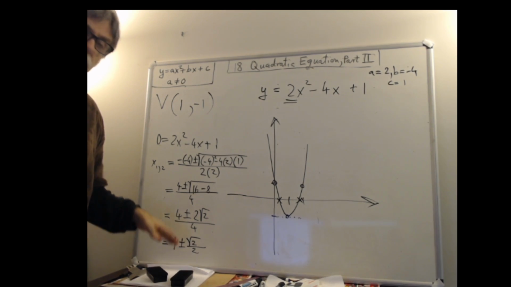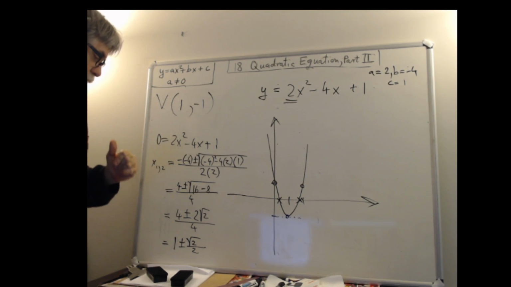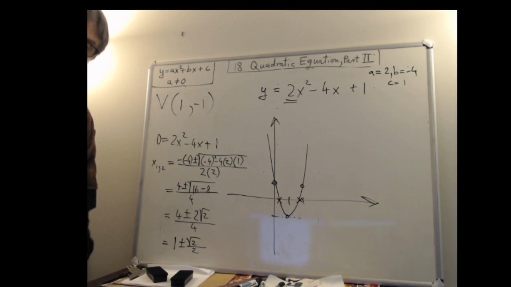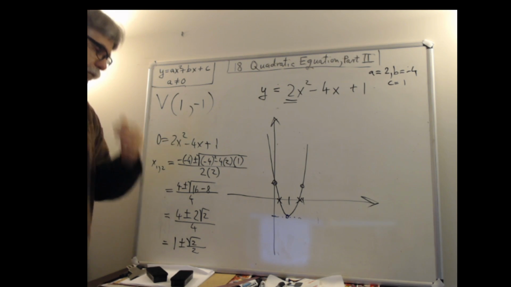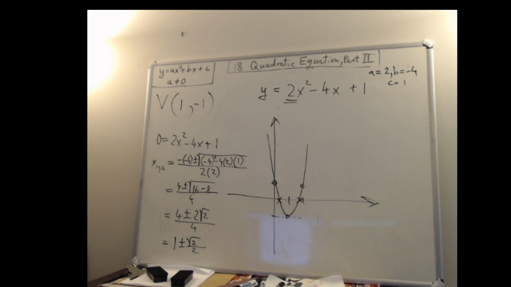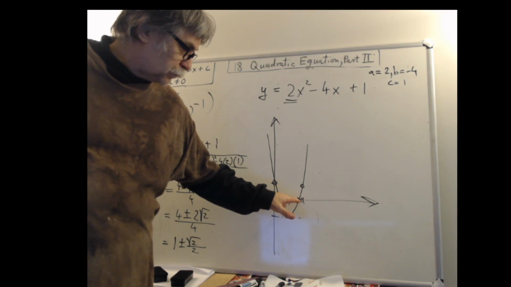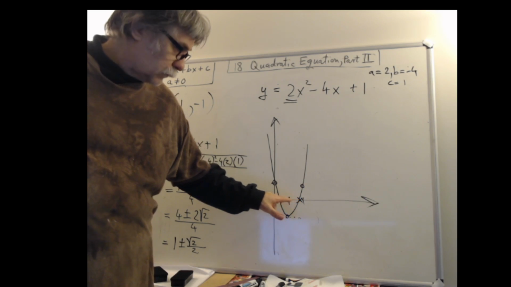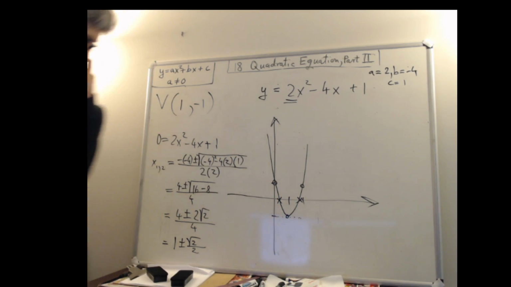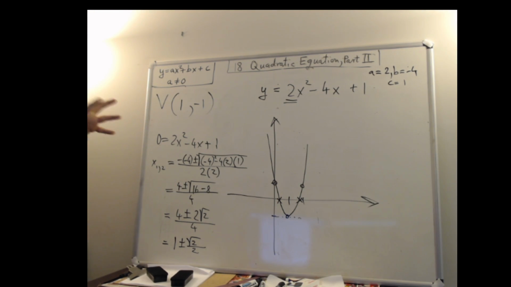This is approximately 1.71. Maybe a little less than that. 1.7 something. 1.71. Try to use a calculator. That's exactly what it looks like. 1.71. Yeah. Okay.